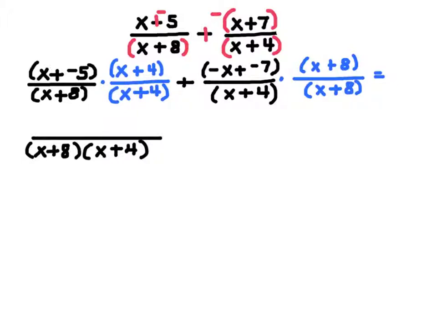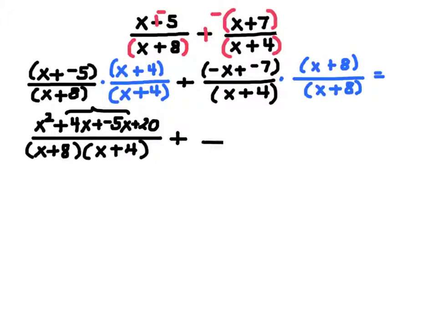Well, x times x is x squared, plus x times 4 is 4x, and a negative 5 times x is a negative 5x. And then negative 5 times 4 is a negative 20. And certainly we're going to need to add these two terms together because they're like terms.